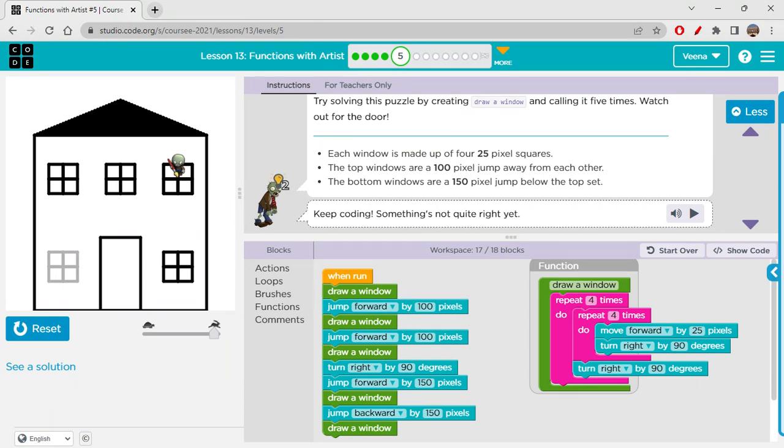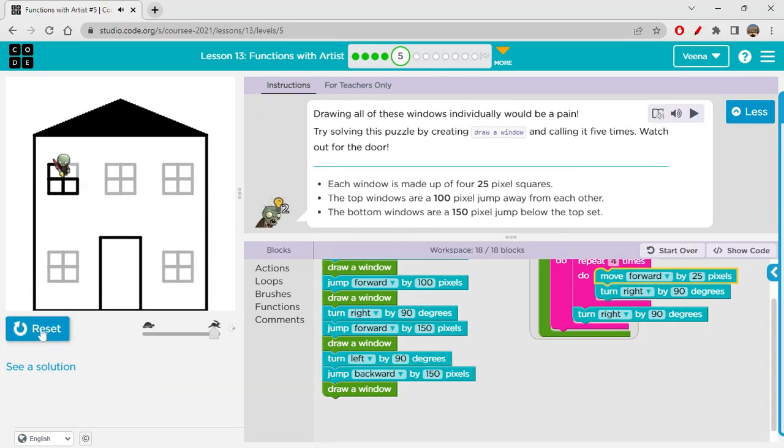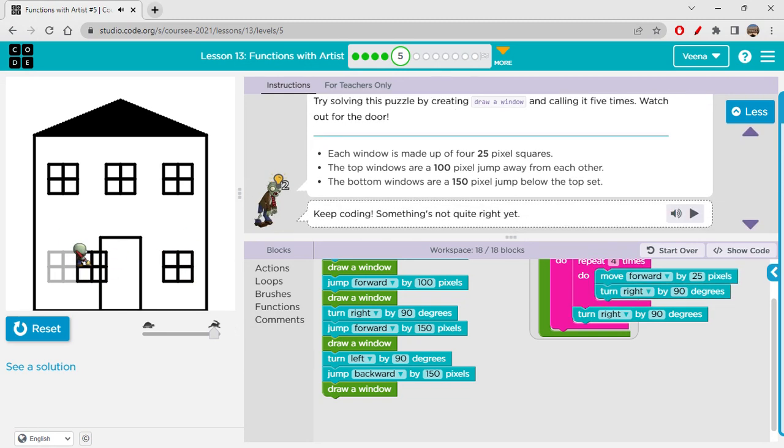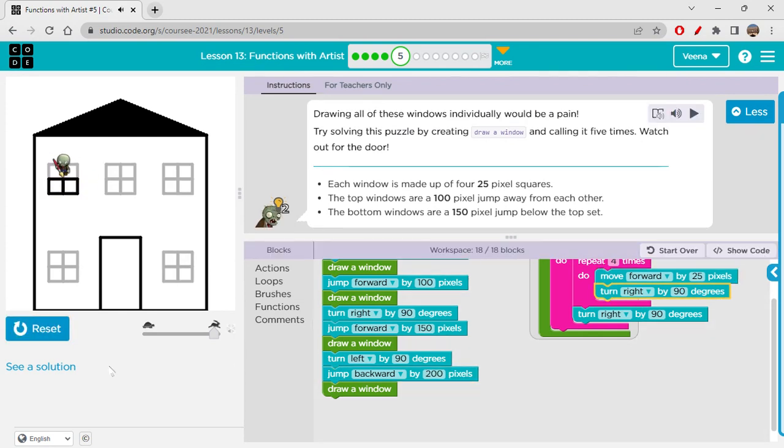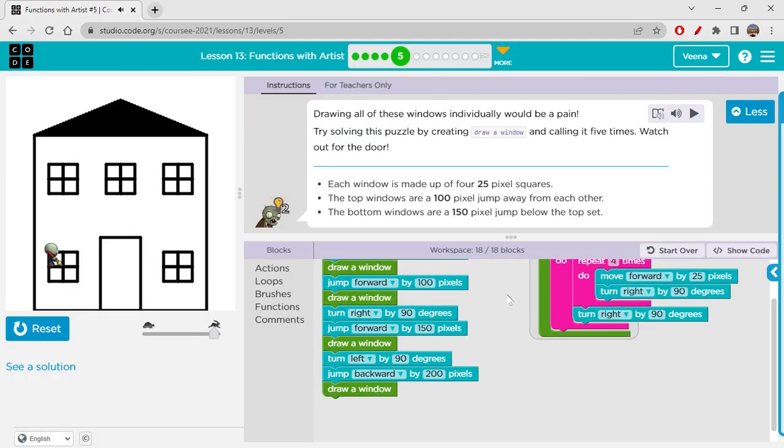That means we have to turn left. Turn left and jump backward, maybe. Okay, it's drawing correctly, but jumping backward 150 pixels is not working out. Check it out with 200 pixels. Perfect. Let's continue.